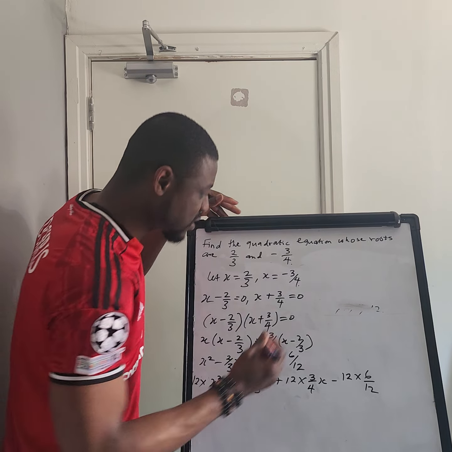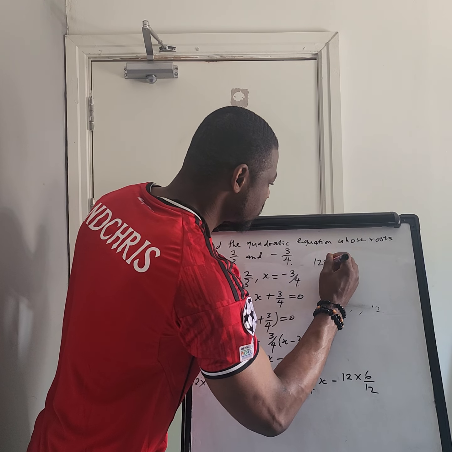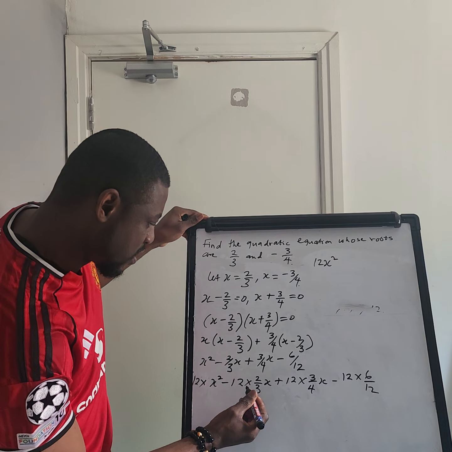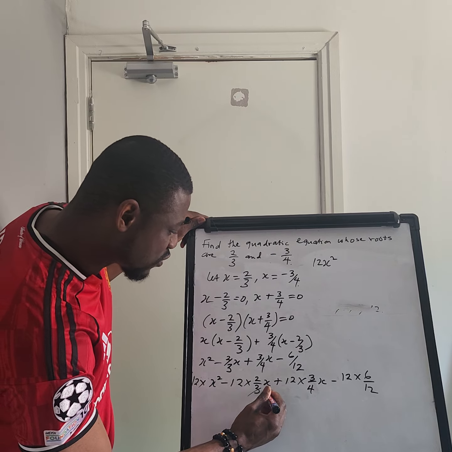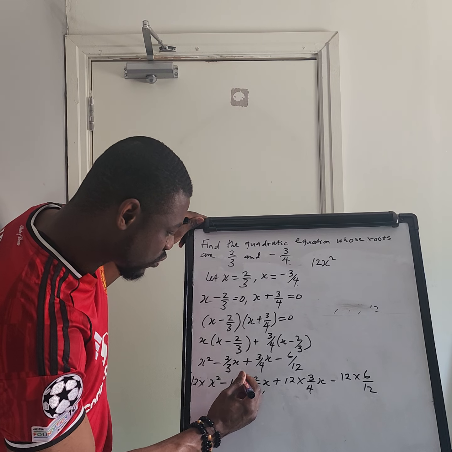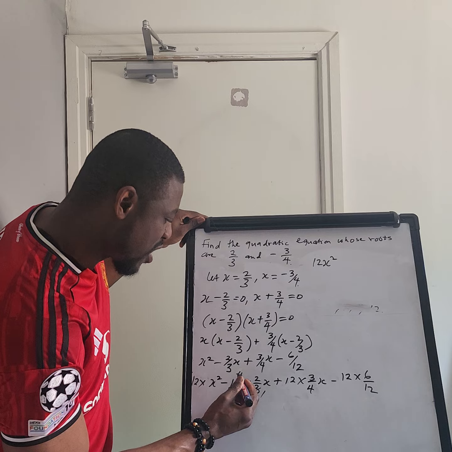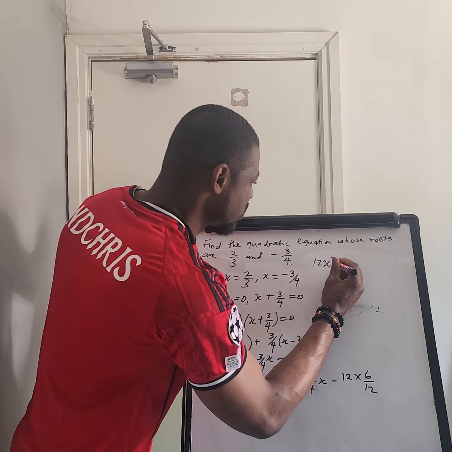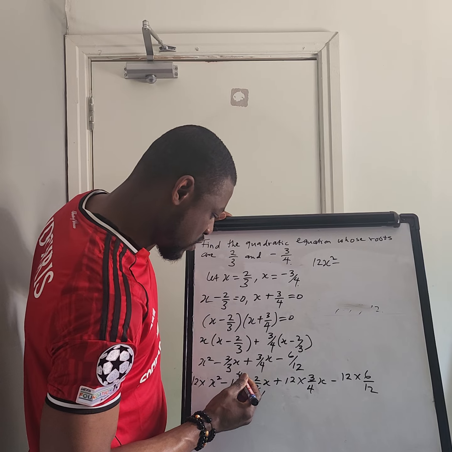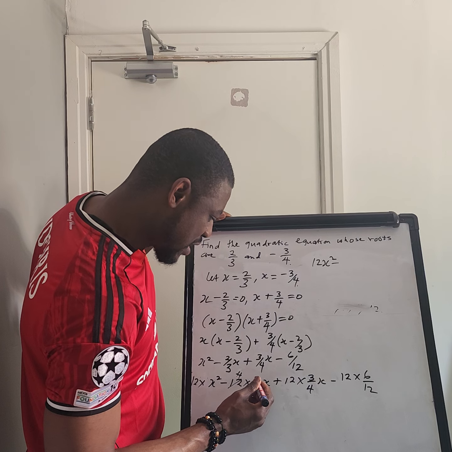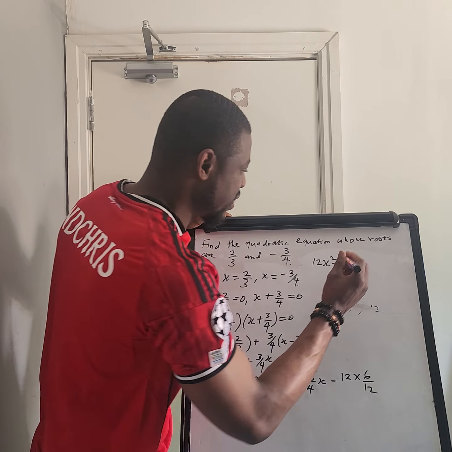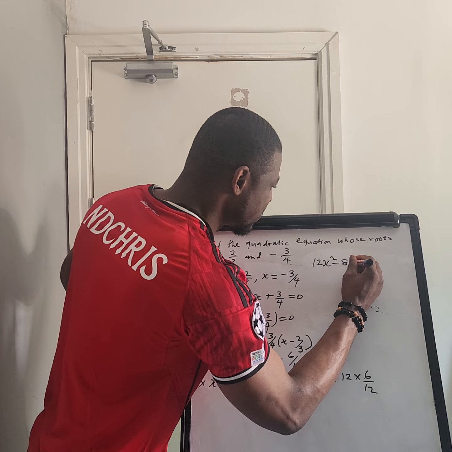12 times x squared gives us 12x squared. 3 goes into 12 to give me 4, right? So I'm going to have 4 times 2, and there's a sign there, minus. 4 times 2 will give me 8x.